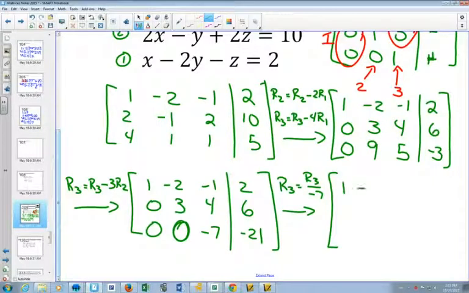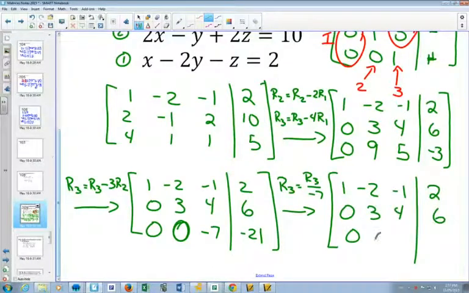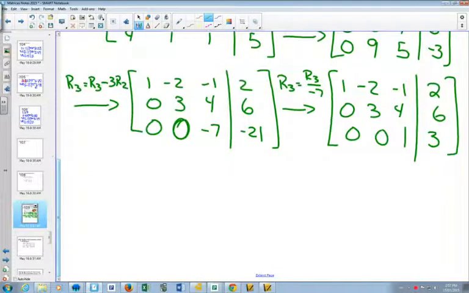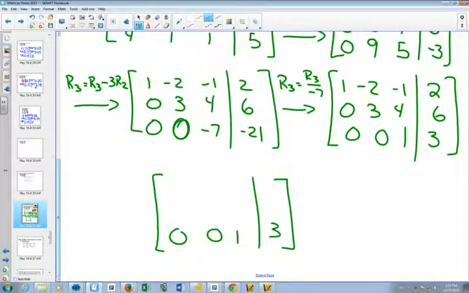divided by negative 7. And we get that z is equal to 3. We are done with row 3, so that one's not going to change.